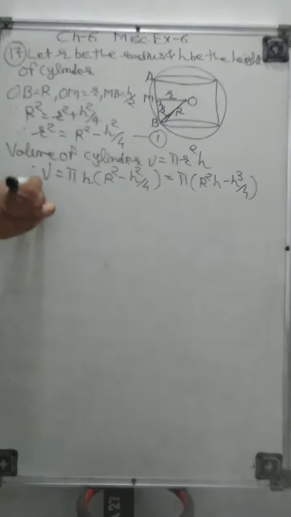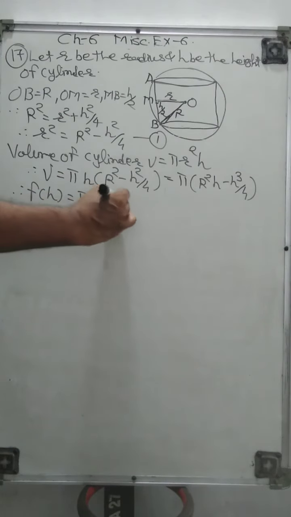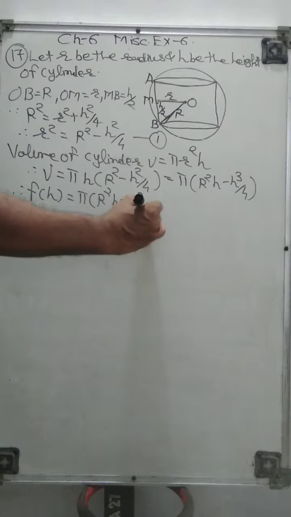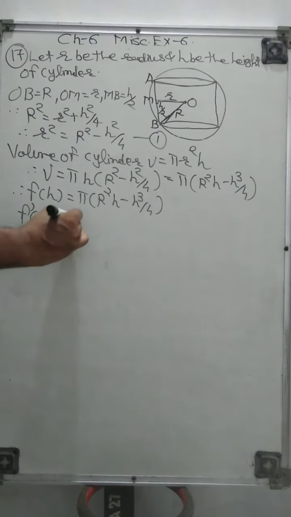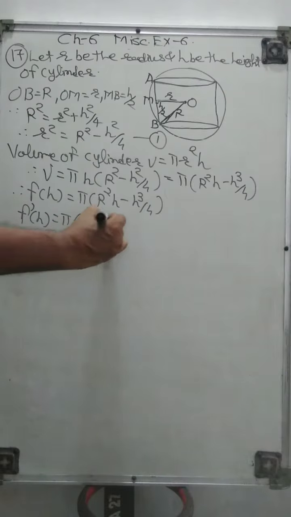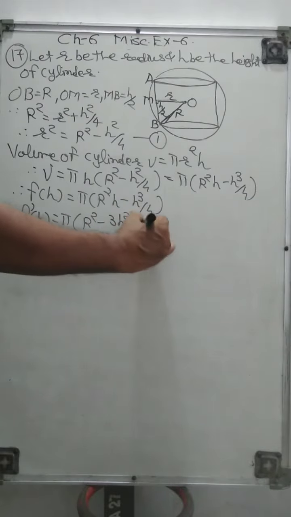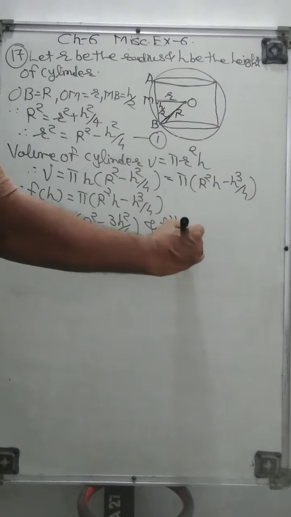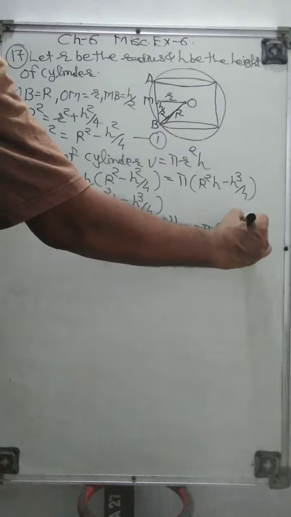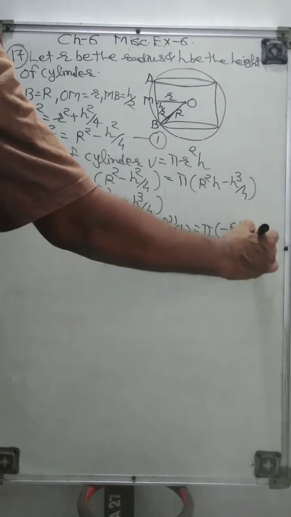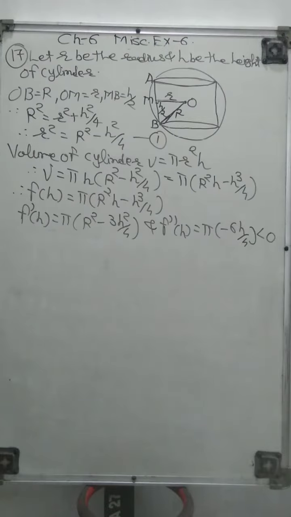Now this is a function of h. So it is pi (R square h minus h cube by 4). Now we differentiate the first time, then we get pi (R square minus 3h square by 4), and f''(h) is equal to pi (minus 6h by 4). This is always negative for any value of h.